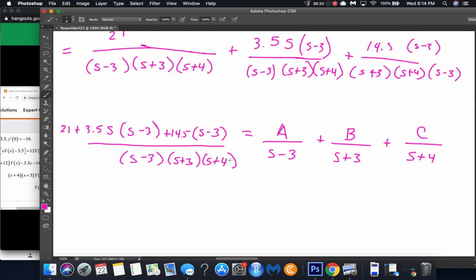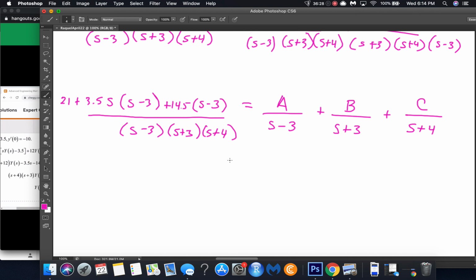Okay? Now, check this out. Distribute this. Let's have it as simple as possible. So 21 plus 3.5 s squared minus, what's 3 times 3.5?